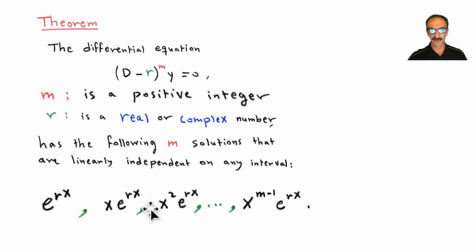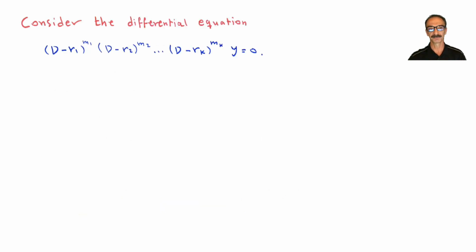Every time you repeat yourself, you add another x: no x, x, x squared, all the way. We're going to see that in examples so it's clear. But that's one idea about repeated roots, real or complex.